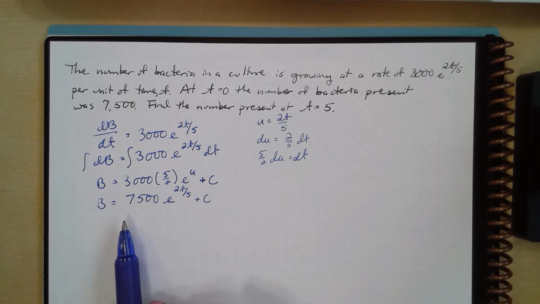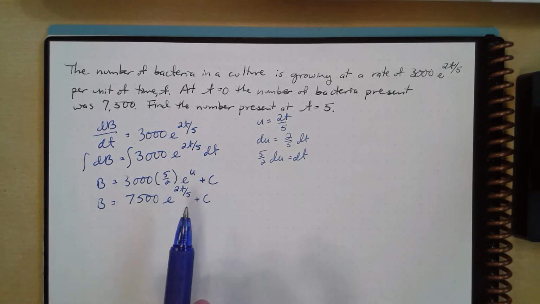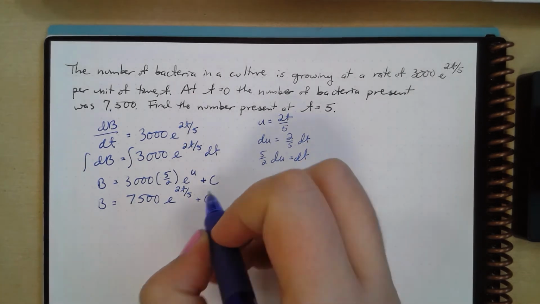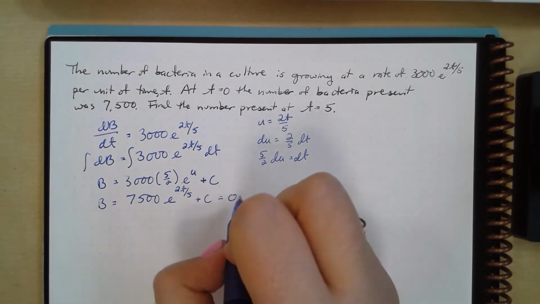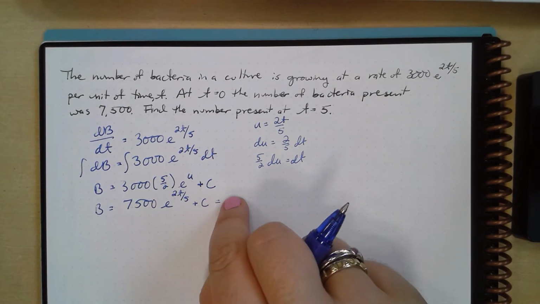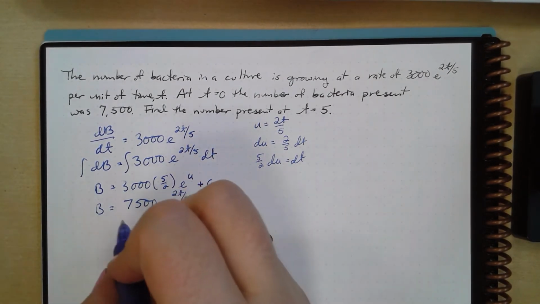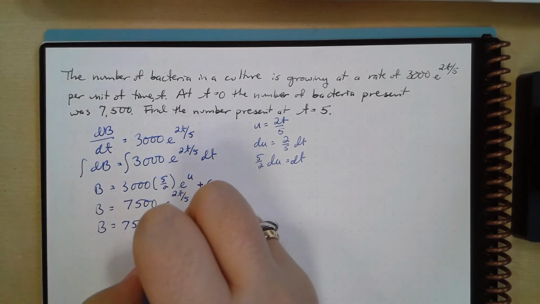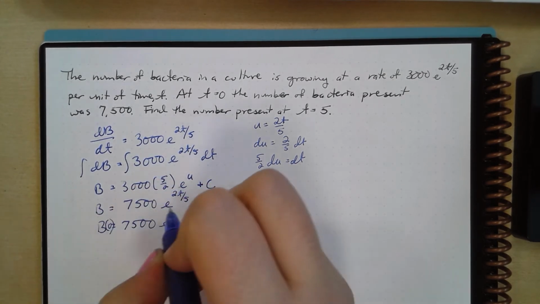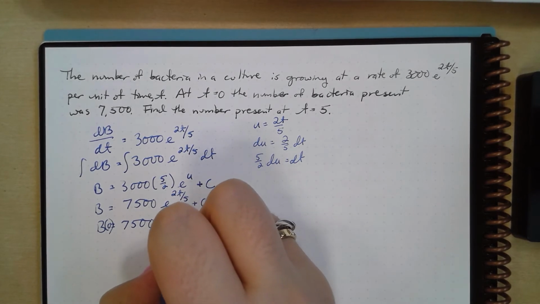Now we can find, at t equals 0, the number is 7,500. Oops, no, I'm sorry, when t equals 0, not when B equals 0. So B is equal to 7,500, this should be B of 0, e to the 0 plus c.